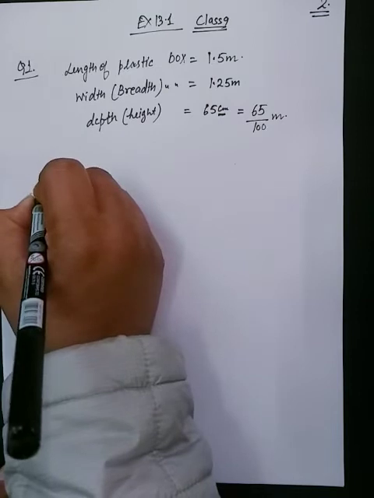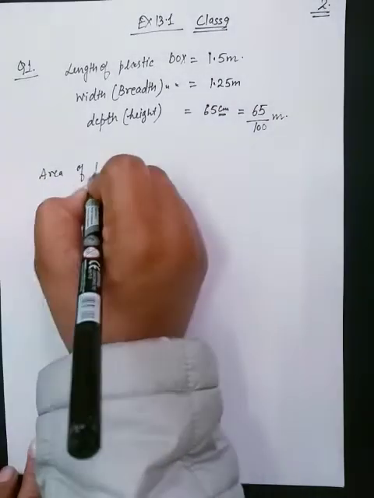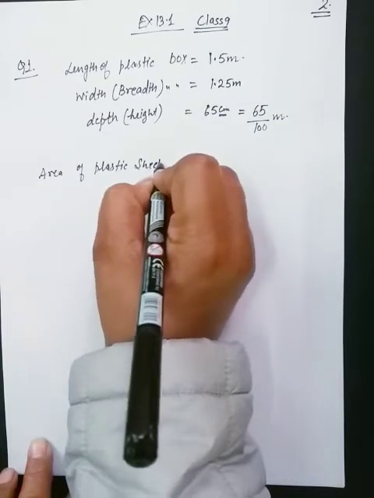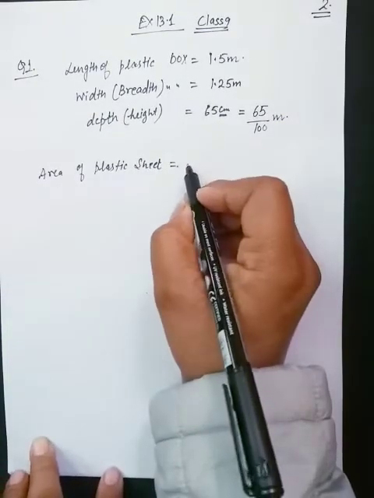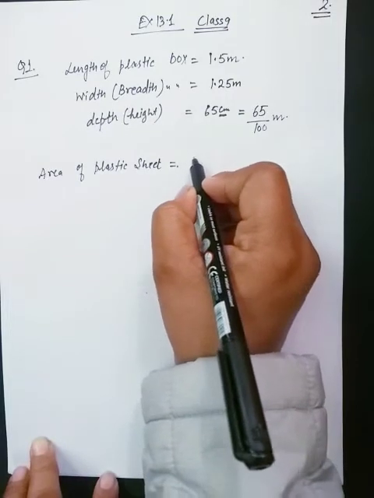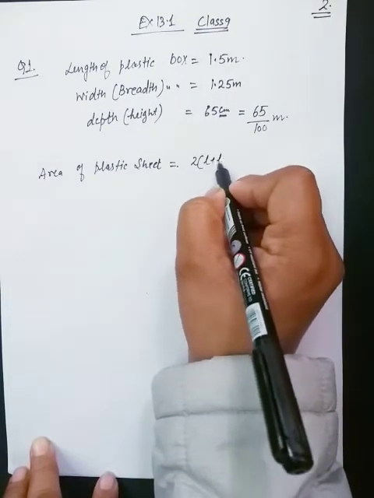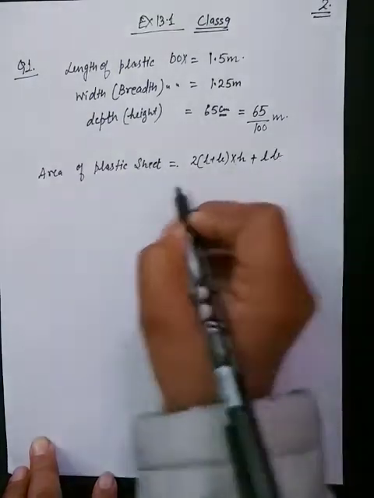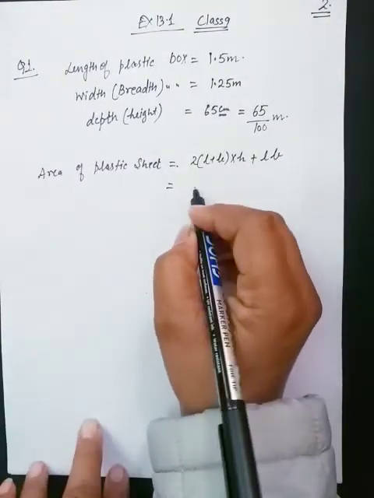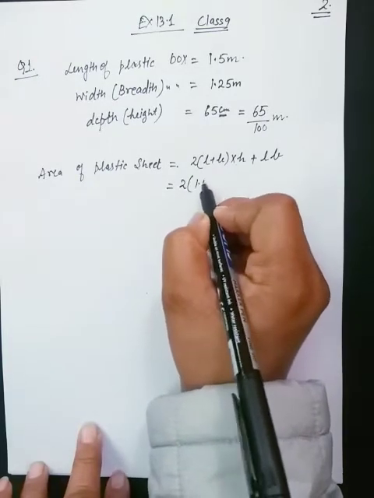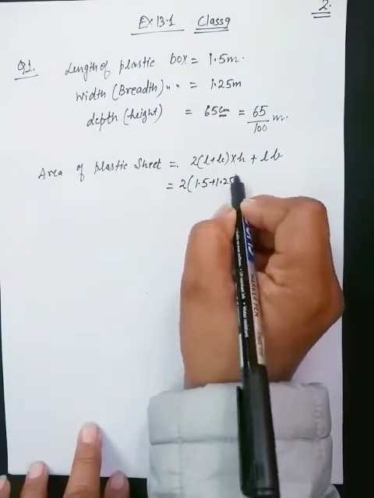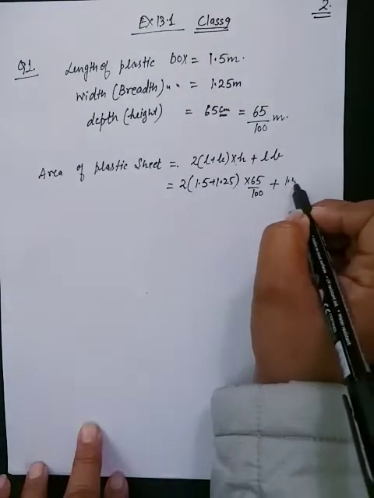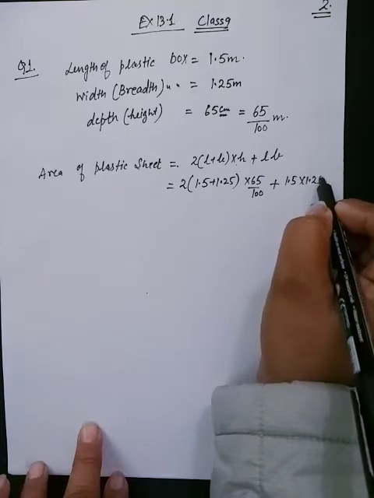Now we have to find the area of plastic sheet is equal to, it means all four faces L plus B into H plus one base, that is LB. Now we can find the area. It will be 2 into (1.5 plus 1.25) multiply by 65 by 100 plus 1.5 into 1.25.